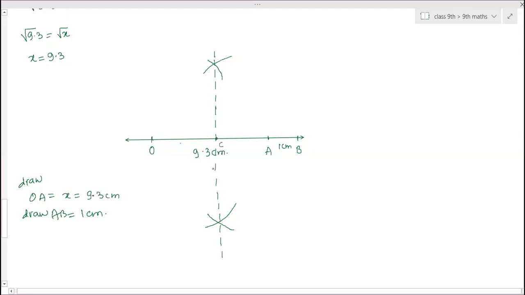Consider this point as C. Now place the compass point at C. Take the distance from C to O or C to B, because both distances are equal. C point is the midpoint of OB. So take the distance between C to O or C to B and draw the semicircle passing through O and B.